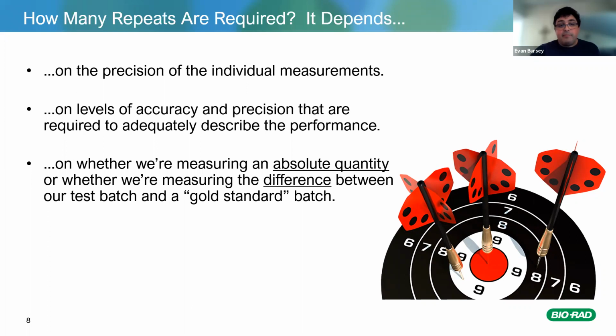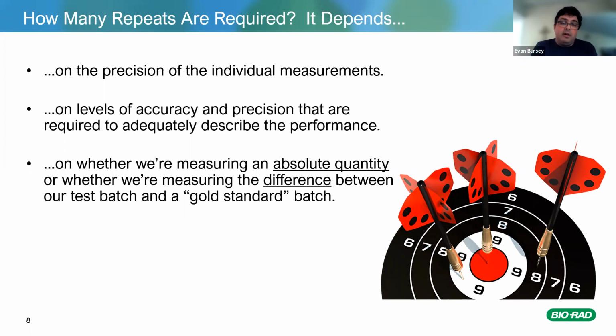It also depends on the level of accuracy and precision that are required. So if you need to measure super tightly and super accurately, you might need a lot more replicates than if you don't need a very good estimate for that particular metric. So it depends on the level of accuracy and precision you need as to how many replicates you might need to just adequately describe the performance of the product.